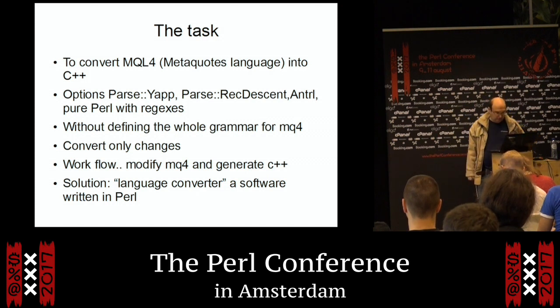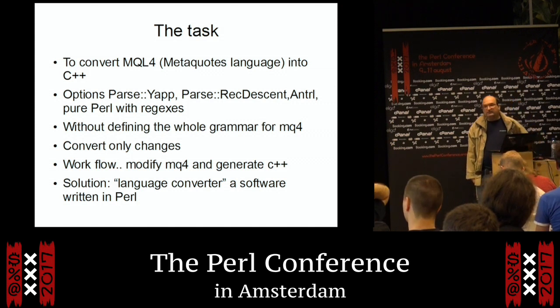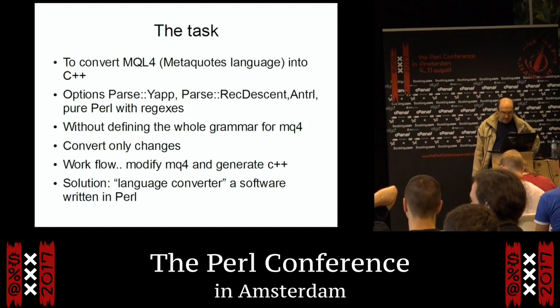I decided to use a language transformation to make the whole process easier. So in practice, whenever I modify my trading bot, I run this tool and it generates C++ for me.